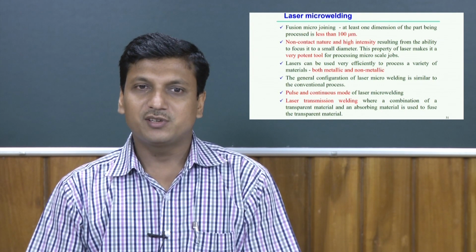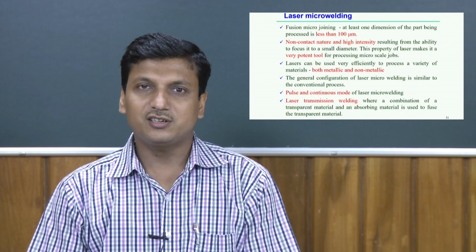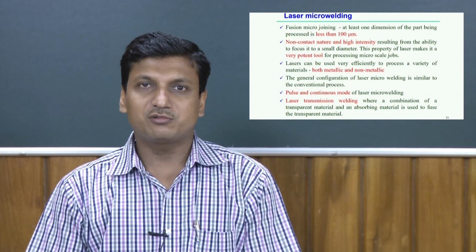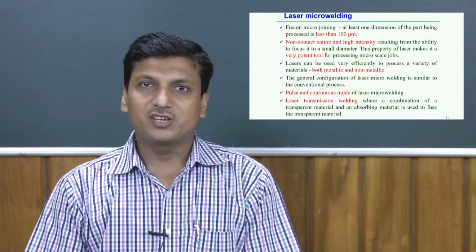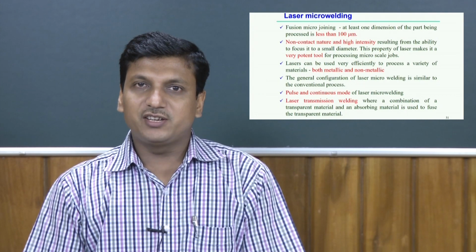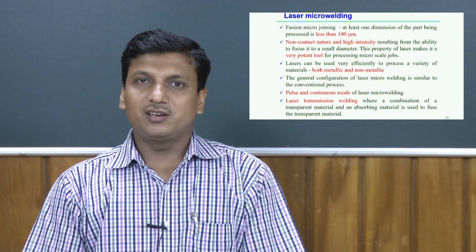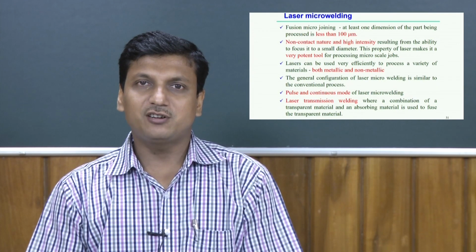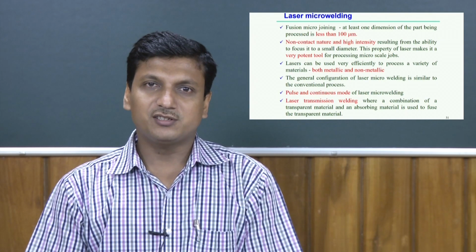At the same time, since it is non-contact in nature, both metallic and non-metallic substrates can be processed using laser as a heat source. The general configuration of the laser welding process, or specifically the laser micro welding process, is similar to that of laser welding processes.